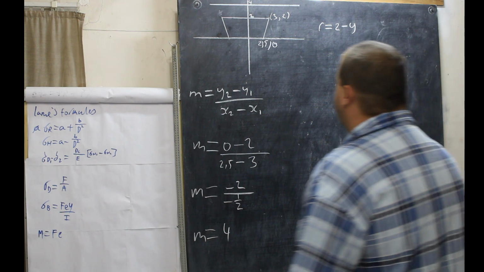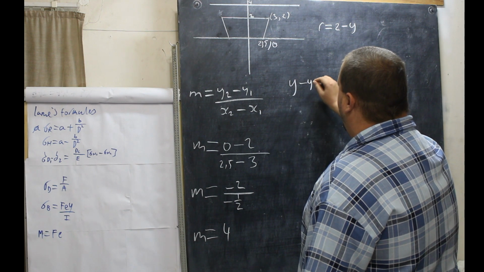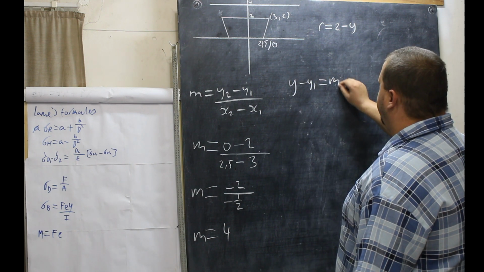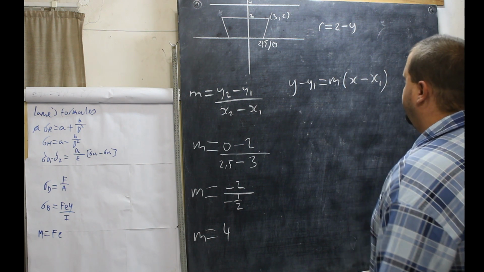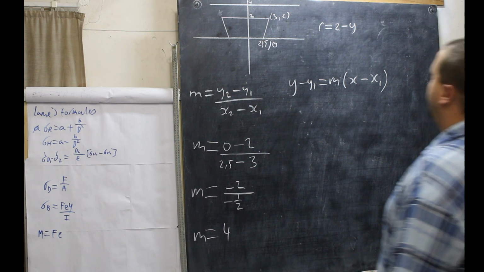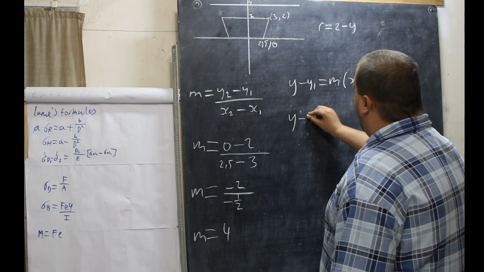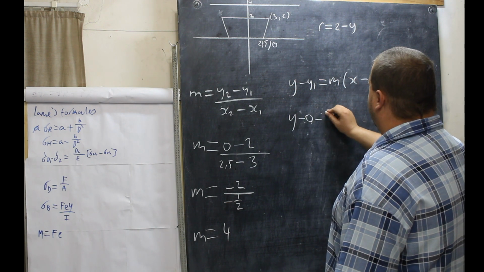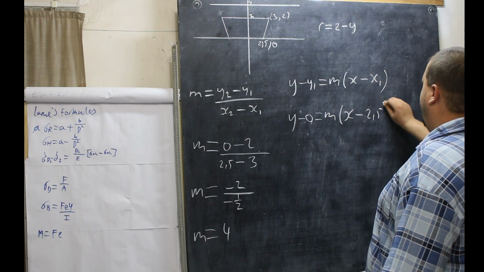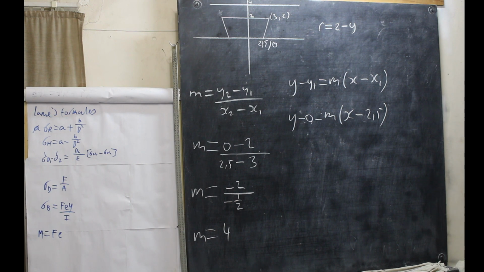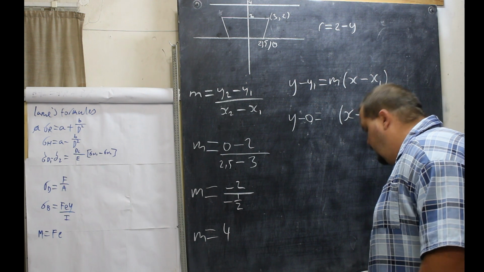Now what we need to do is get our formula. So y minus y1 equals m times x minus x1. So let's do the bottom one, it makes it much easier. So y minus 0 equals m times x minus 2,5, and m is equal to 4.